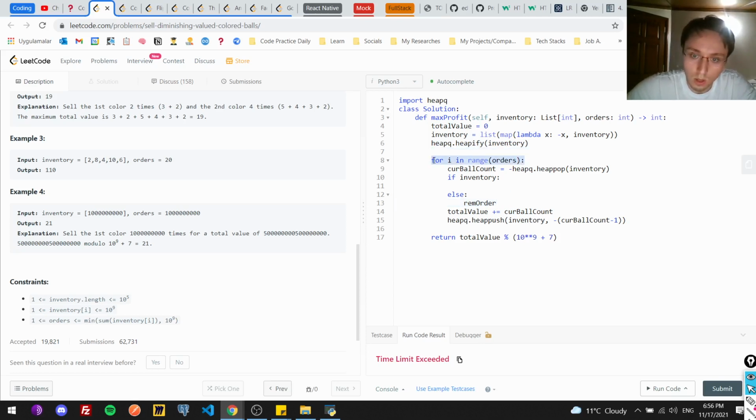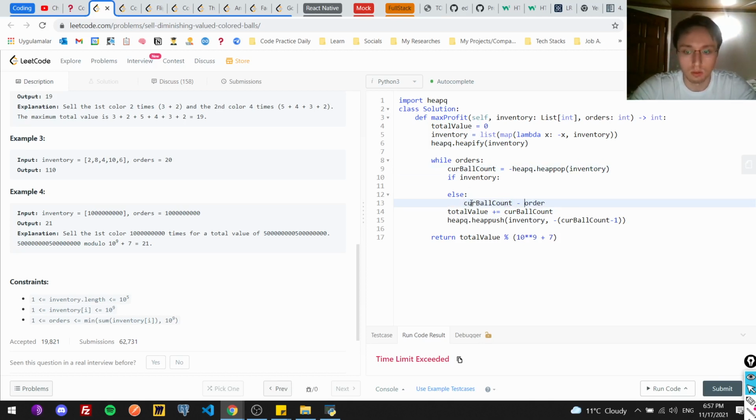Okay, while or orders. Here, let's say that I have like 1 billion order here. For that, so 1 billion, a little bit more than the value that I have. So here are that many from that current ball count.